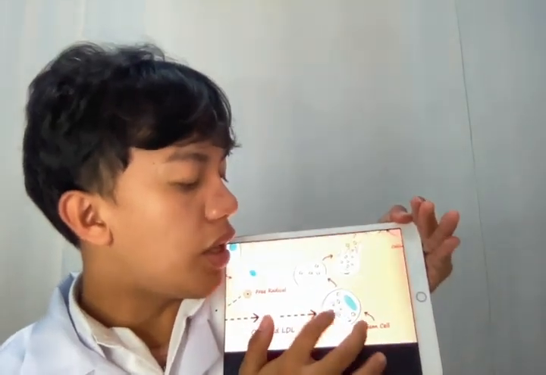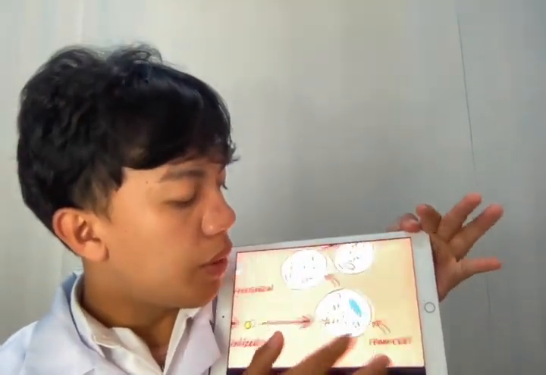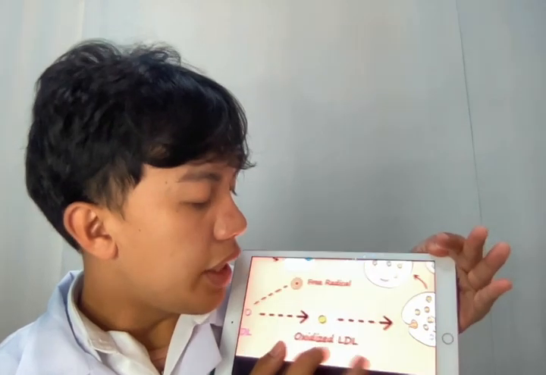That's how it works. The WBC will absorb the LDL and the free radicals, which later on build a foam formation and make a foamy appearance.